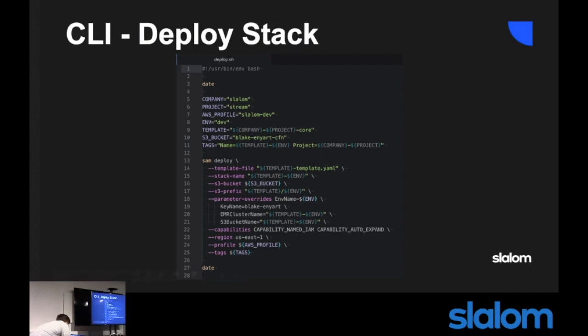So all I've done is I've written one single bash script that makes it so that when I, let's see if I can do this real quick. Sorry, that's zooming in a little bit.